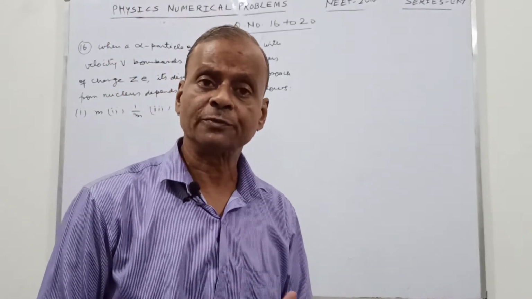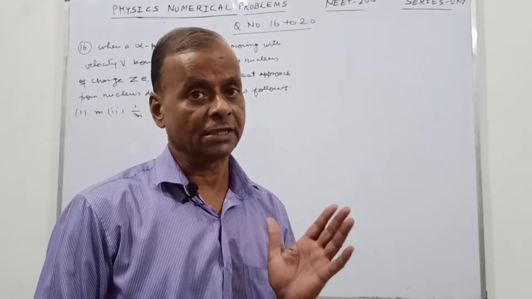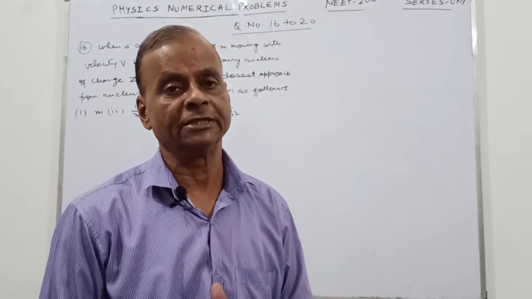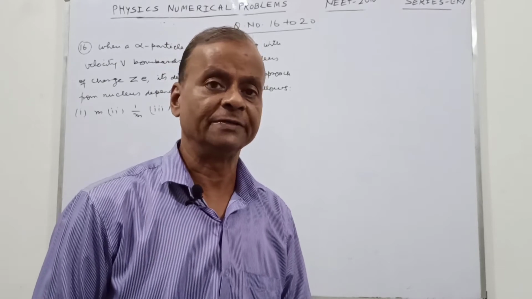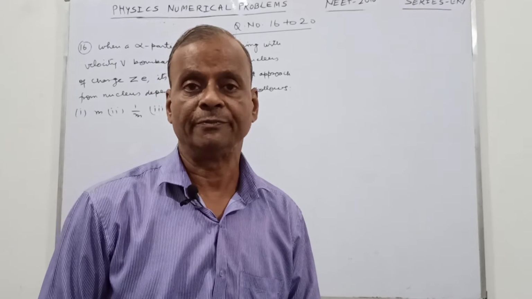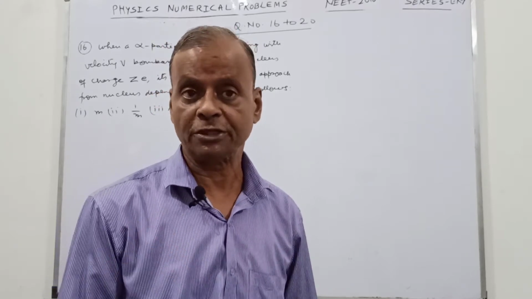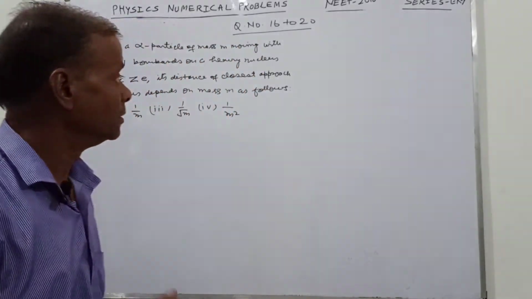At the distance of closest approach, the kinetic energy of this particle will be converted into potential energy. We have to find whether the closest approach distance is proportional to mass, or 1 upon m, or 1 upon m square, like that.